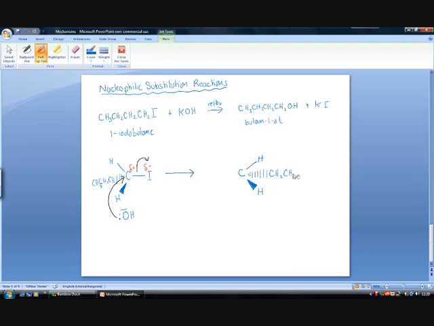So we still have the same wedge diagrams, but we put them facing the other way, because it's like an umbrella turning inside out. And then we put the OH on the other side, and it loses the iodine. Now in this case, the OH minus, the hydroxide ion, is acting as the nucleophile, because it is donating the electron pair to form the bond.